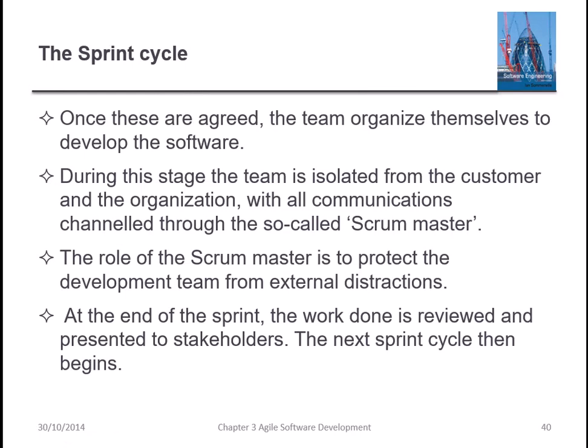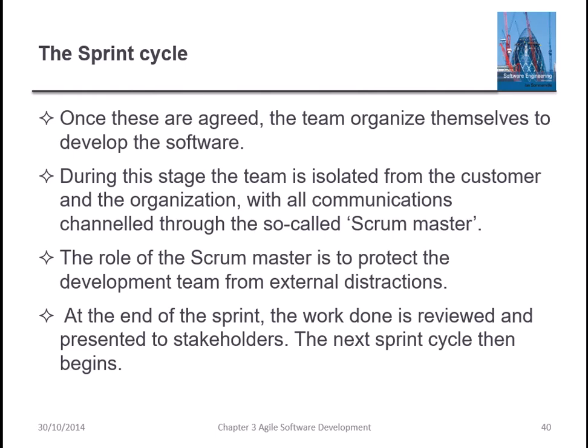So all the communication among the developers, team members, and the customer will be channeled through the Scrum Master. The role of the Scrum Leader or Scrum Master is to protect the development team from external distraction. And one main reason is that miscommunication can happen, which can yield even more problems.